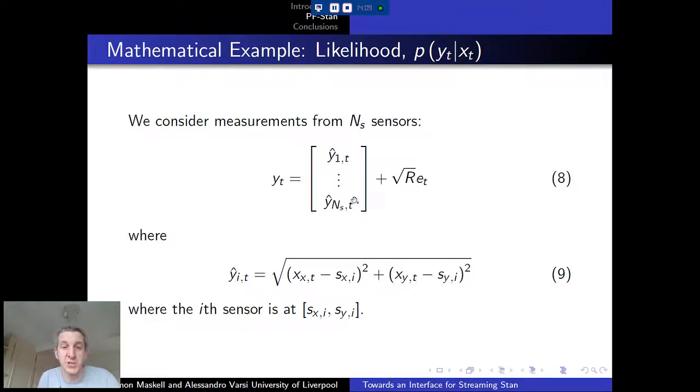In this case, we're going to assume that we're measuring the range of my phone from various routers around the building, assuming they were working for once. And so y hat i is then just the square root of the squared difference in x and the squared difference in y positions between the phone and the sensor i, and similarly for the y coordinate. So the i-th sensor is located at s_xi, s_yi.